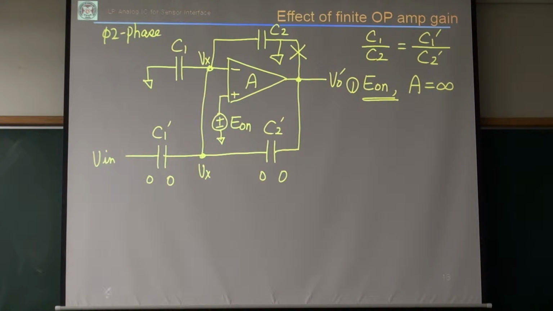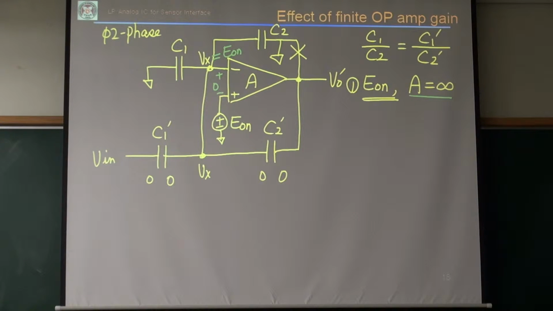Let's look at it. Because A equals infinite, there is a negative feedback by C2 prime. My Vx should be Eon, right? Virtual ground, because A is infinite and there is a negative feedback.